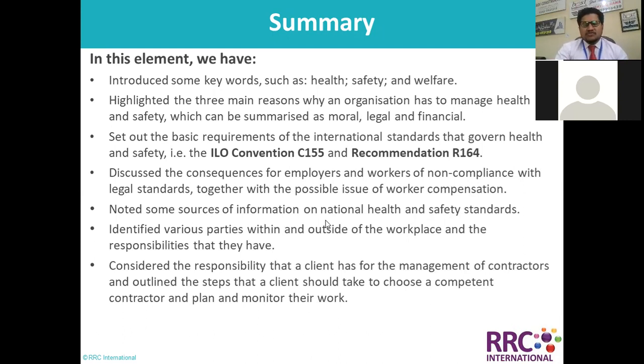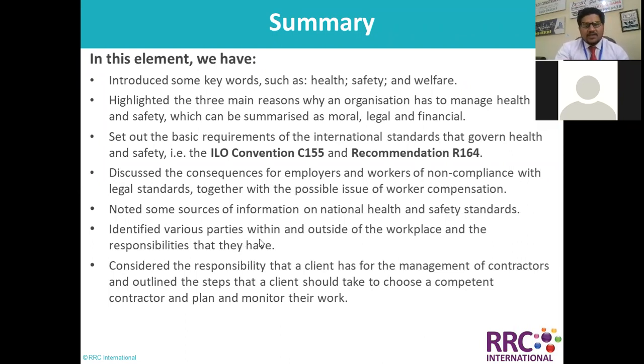We discussed the sources of information on national health and safety standards like HSE, gov.uk, OSHA USA, OSHA Europe, and some from Australia, and even ILO, WHO, and several others.